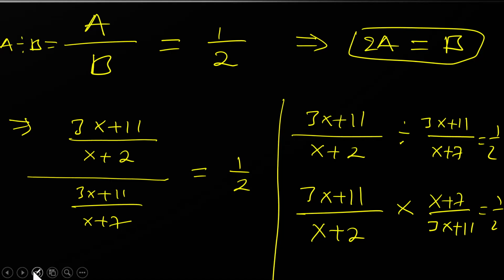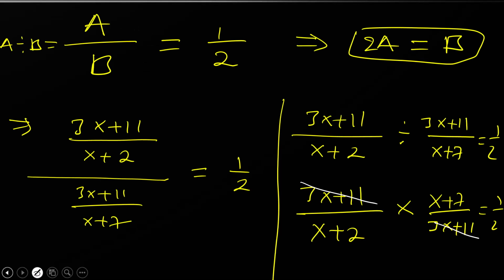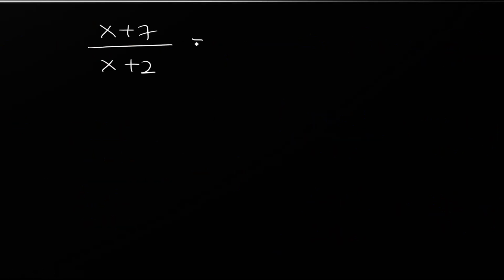All right, so we can reduce them. This one will cancel this. I'll be left with (x + 7)/(x + 2) equals half. So from here, you can do cross multiplication. That will be 2 times (x + 7), 1 times (x + 2).